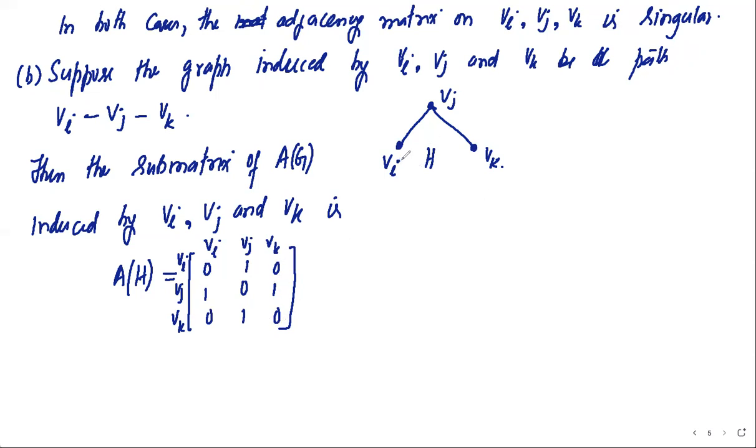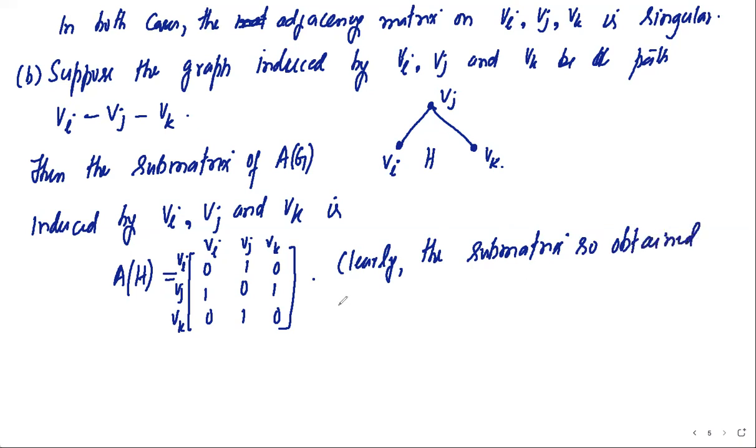This is because Vi and Vk share the same properties in terms of their adjacency in this path Vi, Vj, Vk. So clearly the submatrix so obtained is again singular.